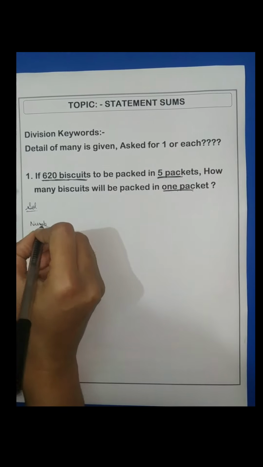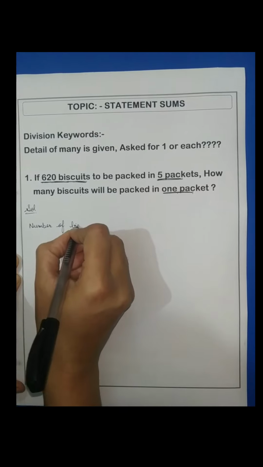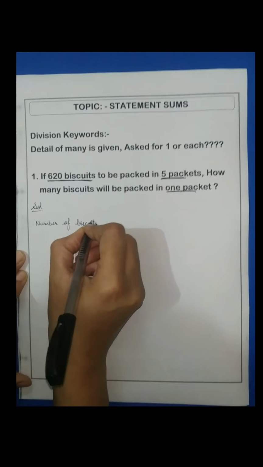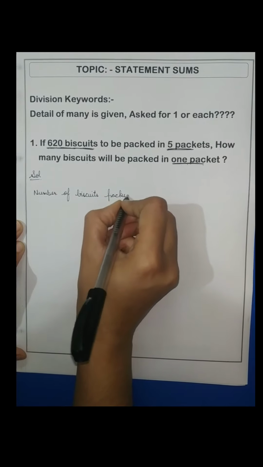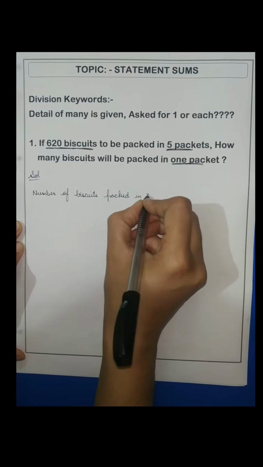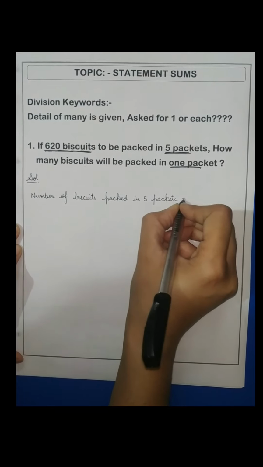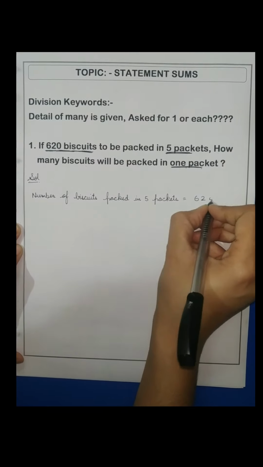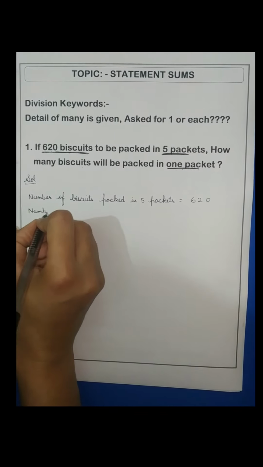Number of biscuits packed in 5 packets, that is 620. Now they are asking about 1.